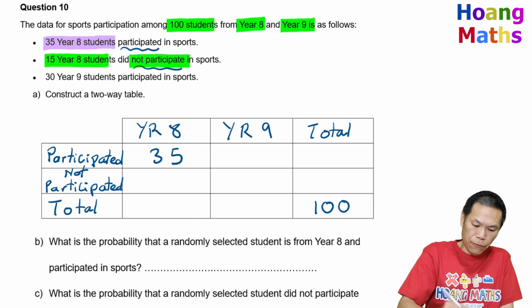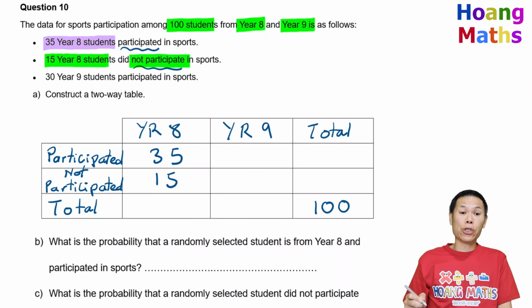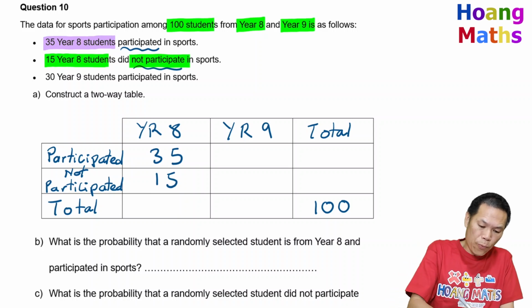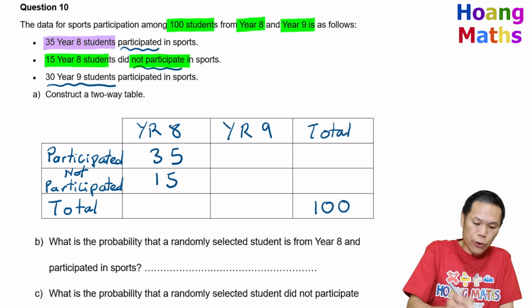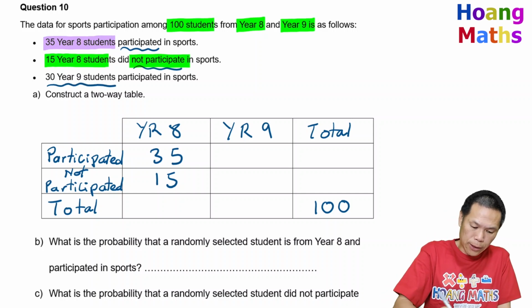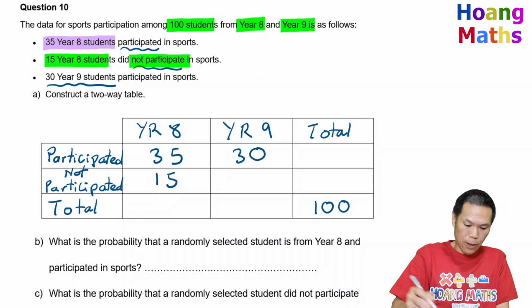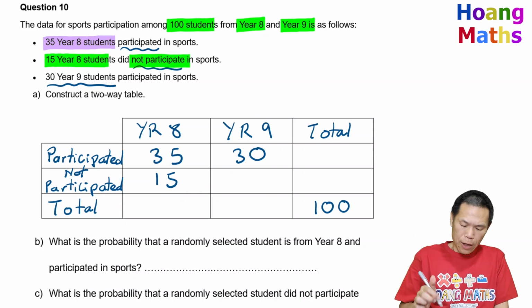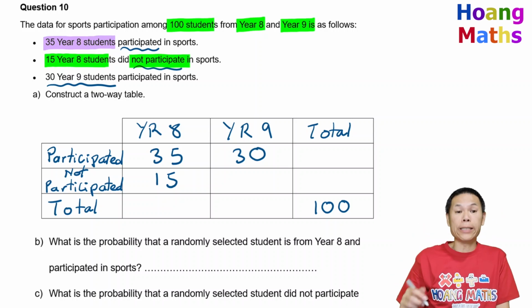So 15 year 8 students did not participate in sports. And now 30 year 9 students participate in sport. So 30 year 9 and participate. So there you go. Now we can complete the rest by working out the year 8 students first.